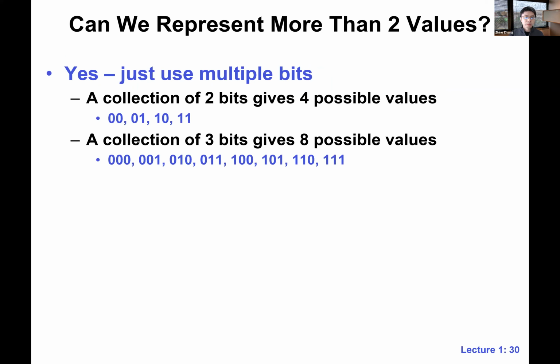If you use 2 bits, we get 4 possible values: 00, 01, 10, 11. Just imagine this as the LED light that I just showed you. What does 11 mean if you just treat it as a decimal number? Any guess? It's a 3. Remember that heater thing?